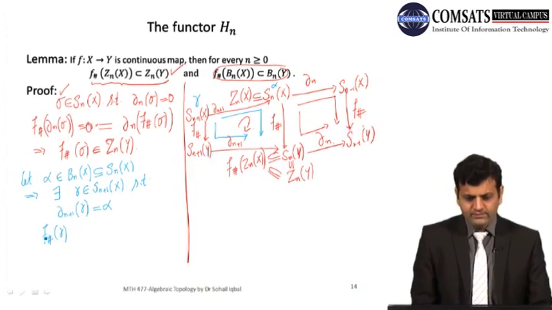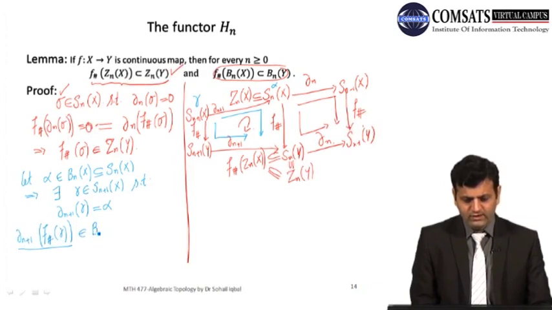Now when I apply partial n plus 1 on this, then this element, first applying f hash and then applying partial n plus 1, belongs to the boundary, the boundary Bn of y.